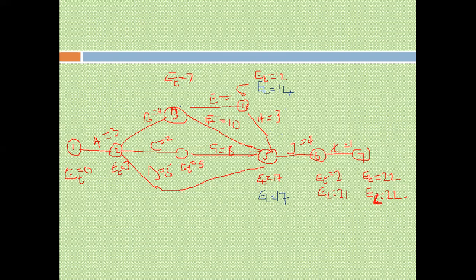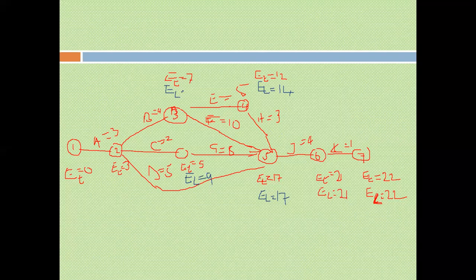Going that way there are 2 lines, so we have to be keen. So EL here is 17 minus this 8, giving us 9. Now the EL where 2 lines come together.